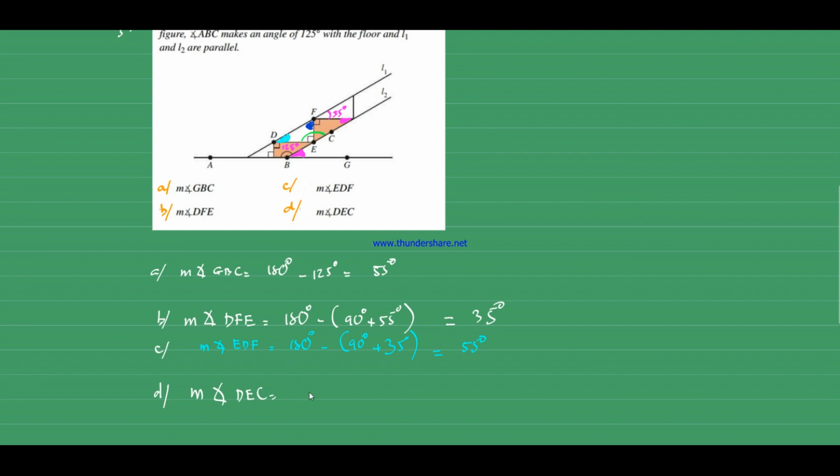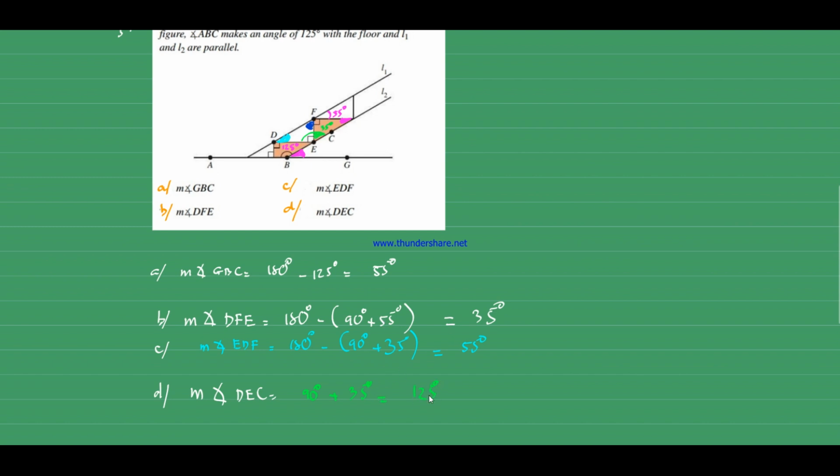You can add the 90 plus the angle right here. Okay, this is the 55. So this one will be 90 minus 55, it's 35. So right over here is 35. So the whole thing will be 90 plus 35, 125.